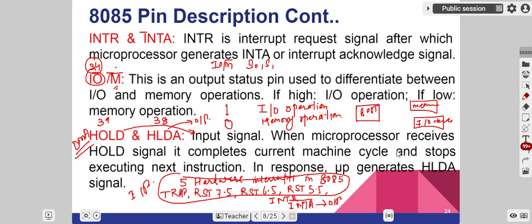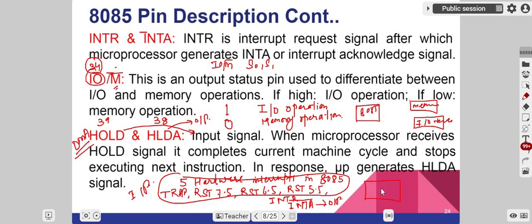So when the microprocessor receives this input signal, which is the hold signal at pin number 39, it completes the current machine cycle and stops execution of the next instruction. For example, DMA devices are direct memory access devices which do not require the use of the CPU for their operations.